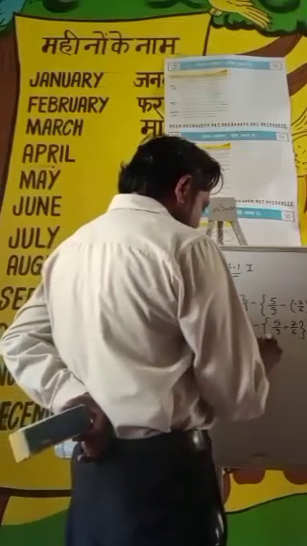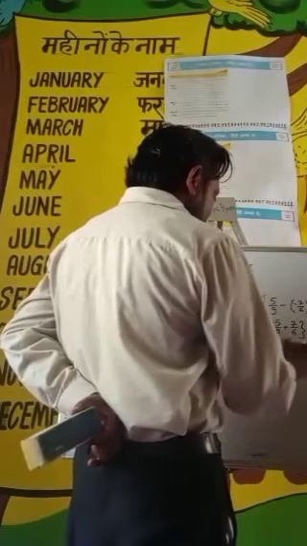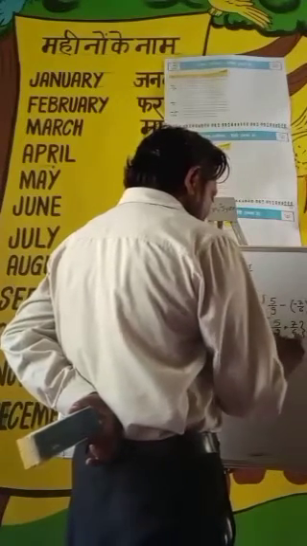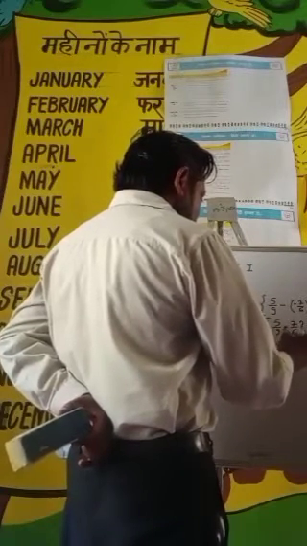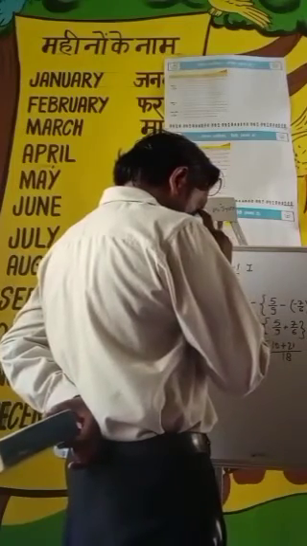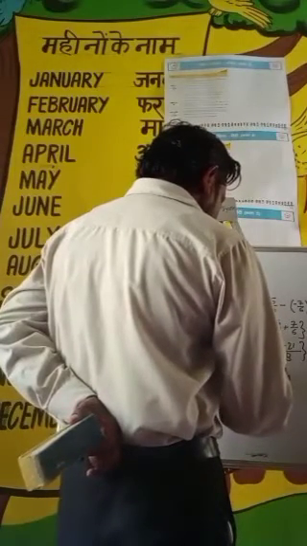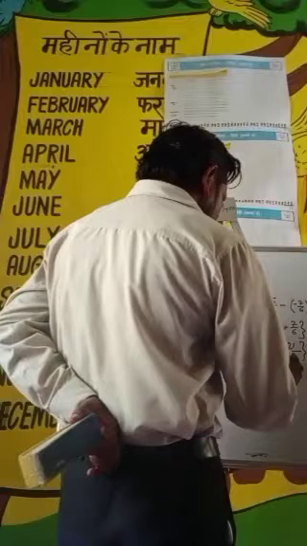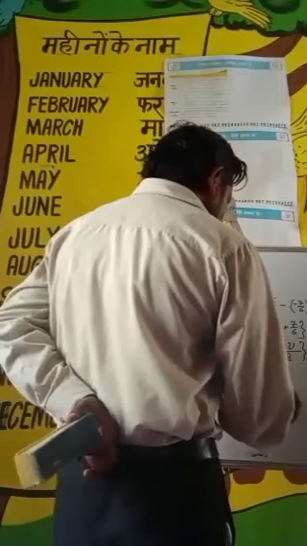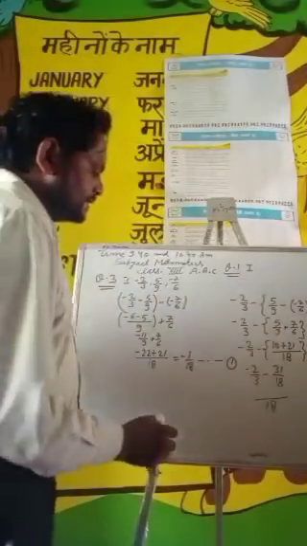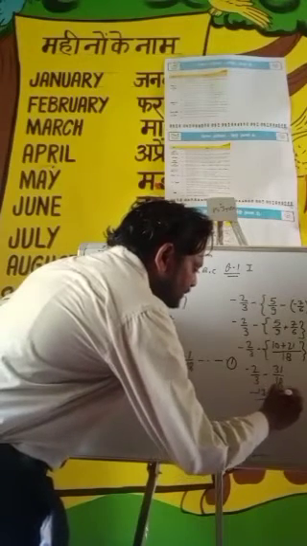Minus 2 upon 3 minus 31 upon 18. LCM is 18, 3 6 is 18, 6 2 is 12, minus 12 minus 31.